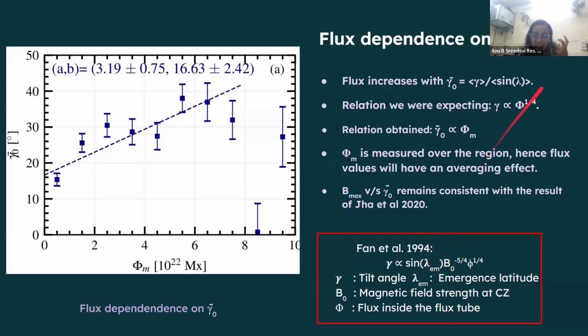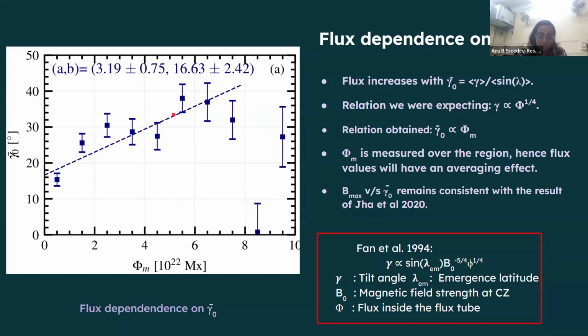And I studied its relationship with the flux. What I see is that for a lower flux region, there is an increase in the average Joy's law slope, and a potential decrease after 7 into 10 raised to 22 Maxwell for higher flux regions. From the simulation result, we expected a weak dependence, but what we are seeing is a strong dependence.